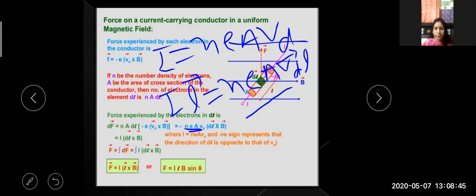Current element vector acts in the direction of flow of current.